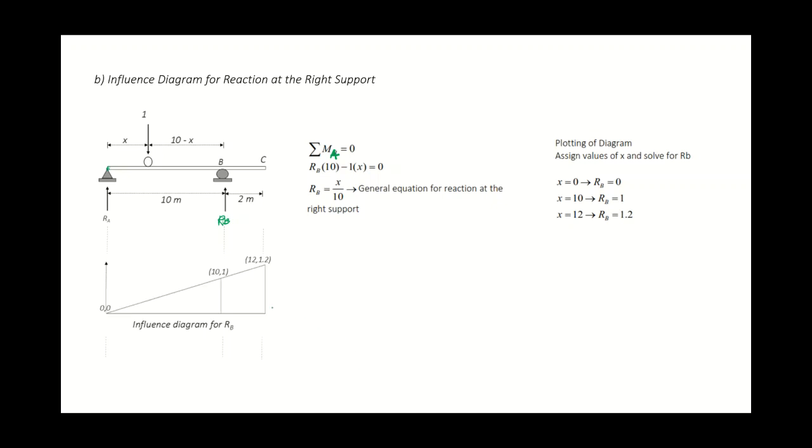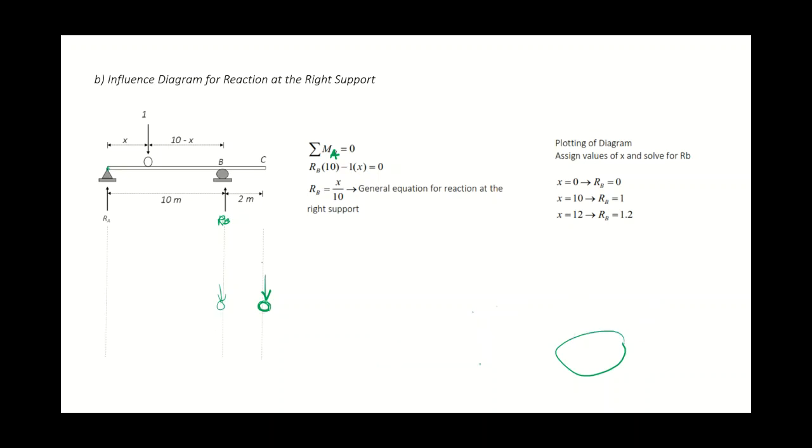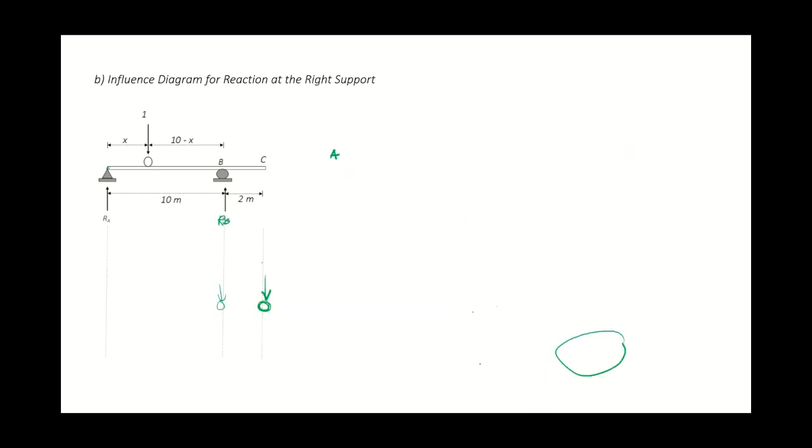Again, place the highest concentrated load at the highest point, then the 5 here. Then compute for the reaction: 8 times 1.2, plus 5 times 1. This is the maximum reaction at B caused by the moving load. If you notice, the reaction at B is larger compared to A.